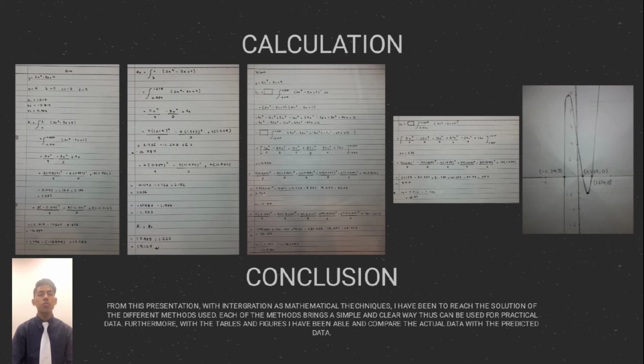So it will be 4x to the power of 7 over 7 minus 32x to the power of 5 over 5 plus 16x to the power of 4 over 4 plus 64x cubed over 3 minus 64x squared over 2 plus 16x.